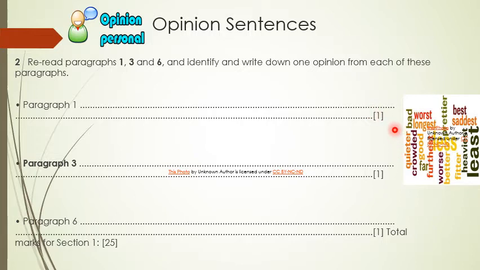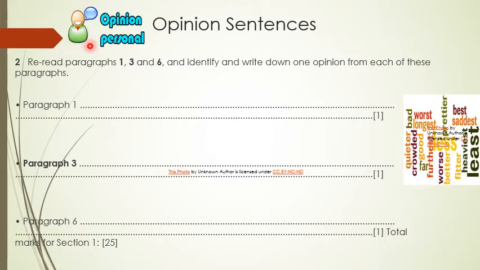A personal touch can be given by the use of strong adjectives, superlative degrees of adjectives like worst, saddest, best, longest. These strong adjectives reflect some opinion. Another way of identifying an opinion sentence is that it is actually the writer's idea. It has a tinge of the writer's opinion.